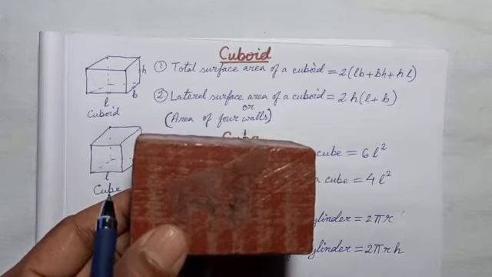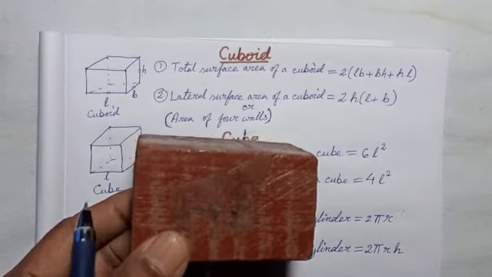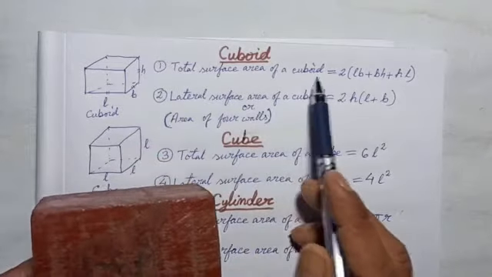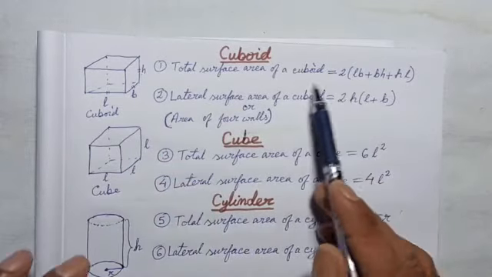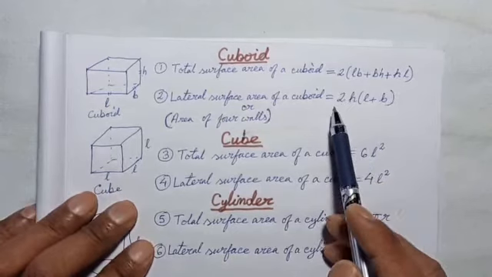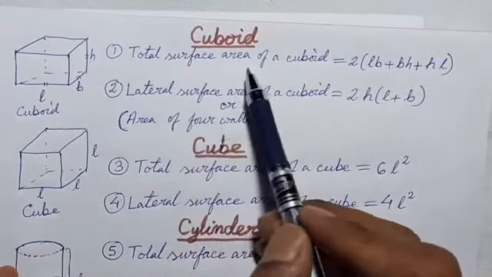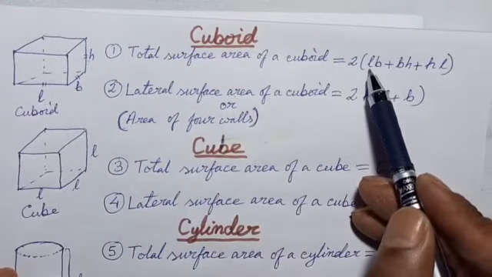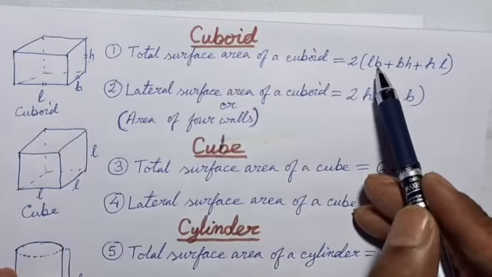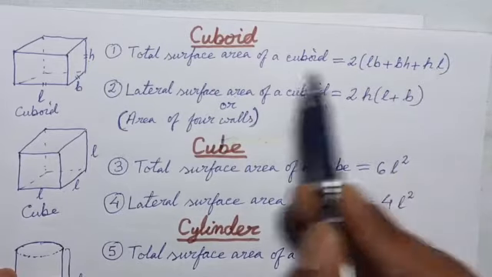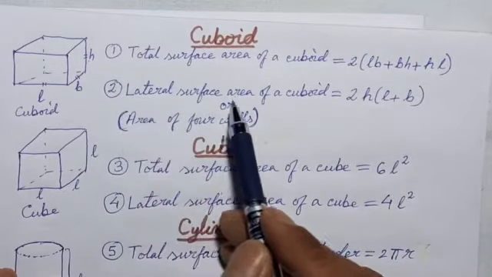And the total area of these 6 faces is called total surface area of a cuboid. The formula to find out total surface area of a cuboid is this: 2 times of L is length, B is breadth, so length into breadth plus breadth into height plus height into length. Now formula number 2, lateral surface area of a cuboid.